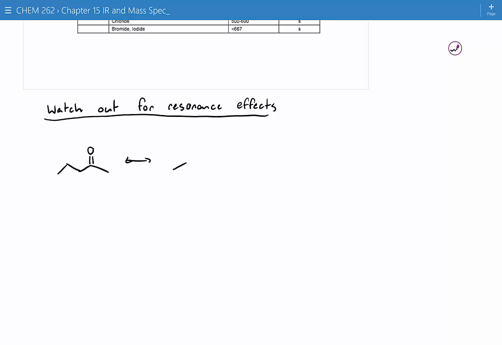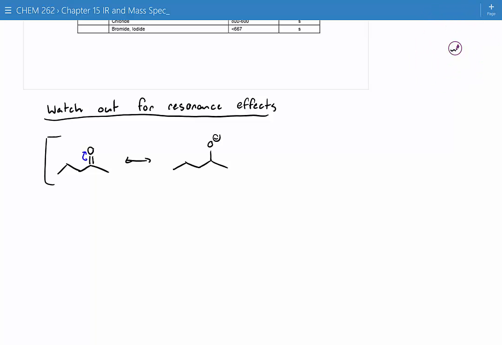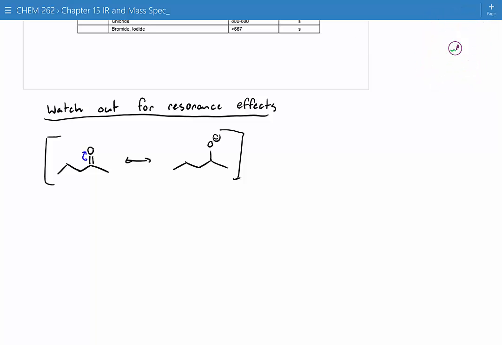So we can say, all right, let's move that lone pair up to this oxygen. So we've got a nice resonance structure there. So if we look at that carbon-oxygen bond, it's not a true double bond at least. It's a carbon-oxygen between a single and double bond. This bond shows up on an IR spectrum around 1720 inverse centimeters.